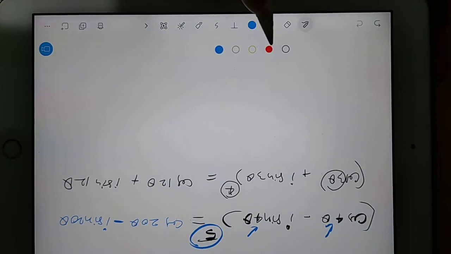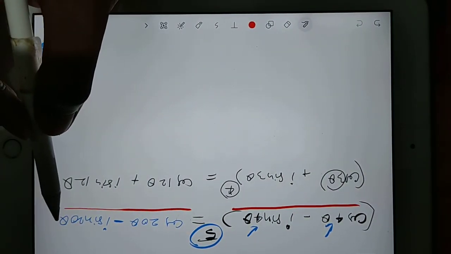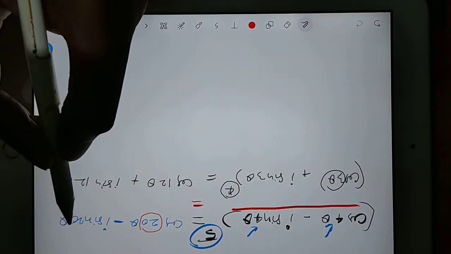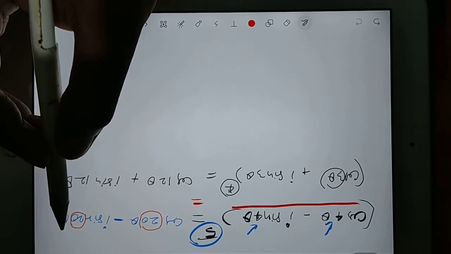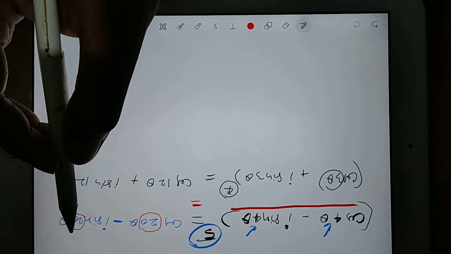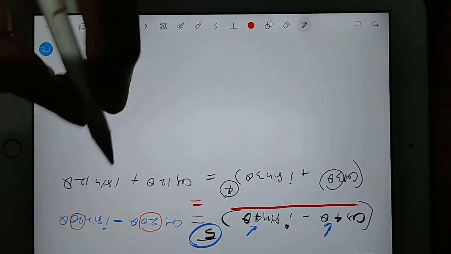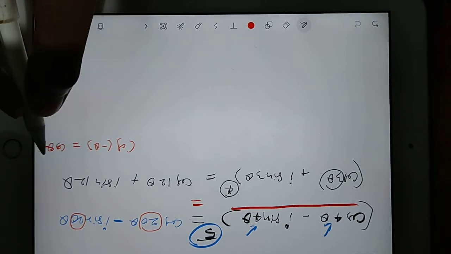So what will I do? I am converting. Now see here, I applied De Moivre's theorem and converted into this. Now one more thing I can do here. This is also 20 and this is also 20, and I can consider them as minus 20 and take the minus up. One more thing you remember: cos minus theta we write as cos theta.